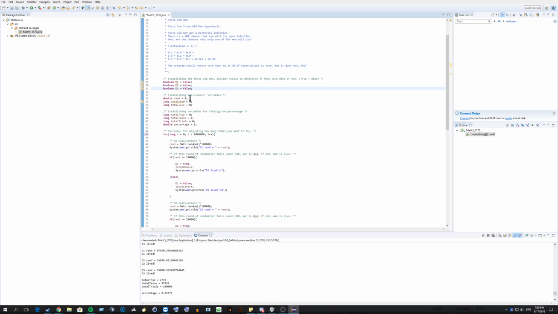One of the differences between the old program and this program is that the old one randomized between 0 and 100 to get the chances. So if it was between 0 and 10, it would be a death, or if it was between 11 and 100, it would be alive. But this one instead works with double and randomizes up to 100,000 instead of byte before.